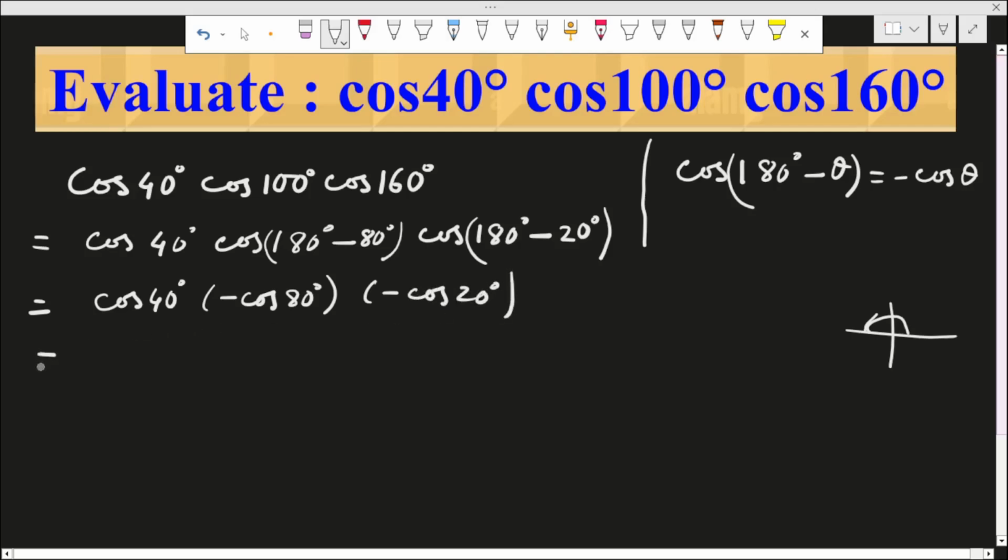Reduce this into a more simplified form, arranging as per the values of angles. Minus and minus will be plus.